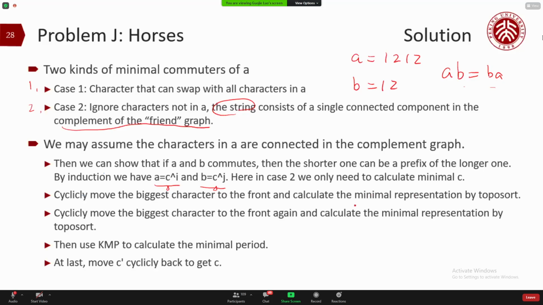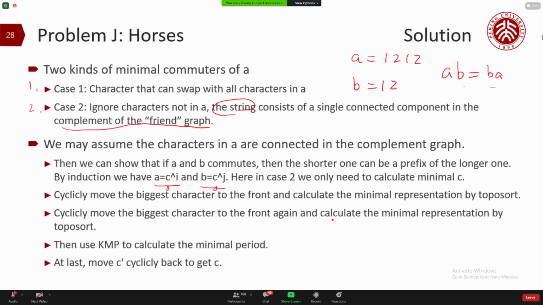To find the cycle, here are some details. Cyclically, we move the biggest character to the front and calculate the minimum representation by topological sort.